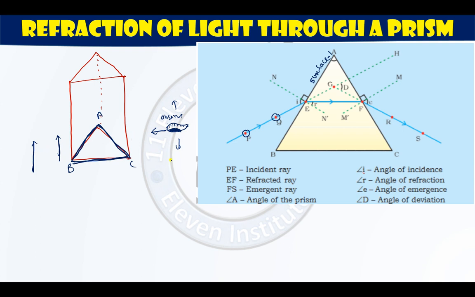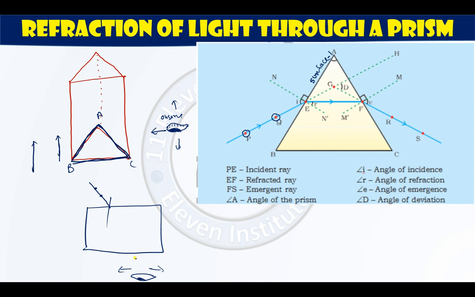Now just recall what we studied in the rectangular glass slab. In case of the rectangular glass slab, the slab was like this. There was a normal over here. There was an incident ray over here and there were pins over here, and we were trying to see the image from here. We moved this way and we moved this way and we adjusted to a position.